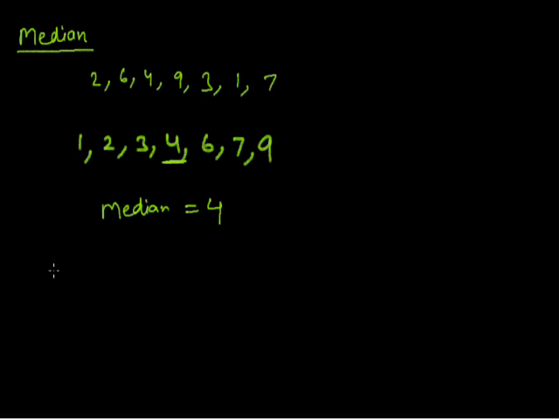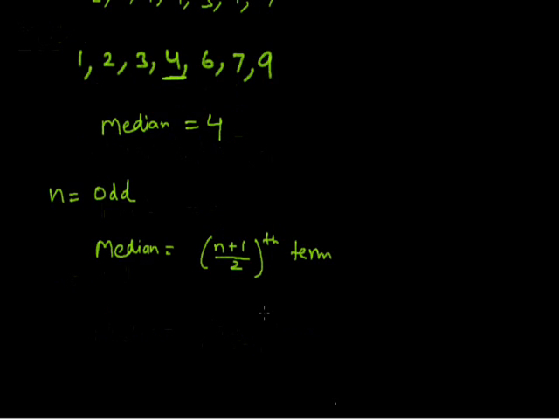But in the previous example, as you have seen, the number of observations is odd, that is, the number of observations is 7. When the number of observations is odd, the way to find the median is the (n plus 1) by 2 term. That term will be the median of the data.